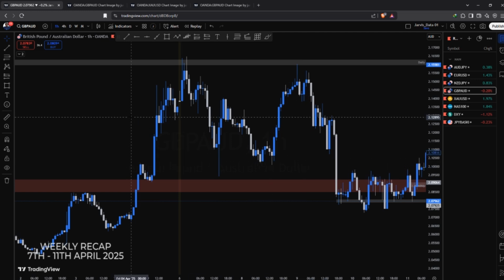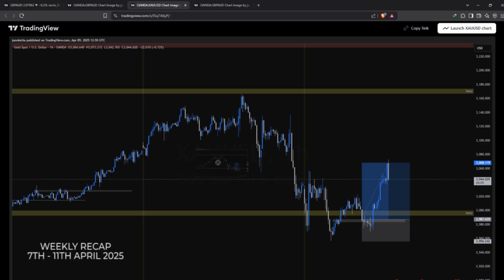Now let's move on to the second trade of the week. The second trade of the week is XAU USD or gold. You can see from here that price came to a daily support level. We have a lower low here, and then price moved above the daily level.